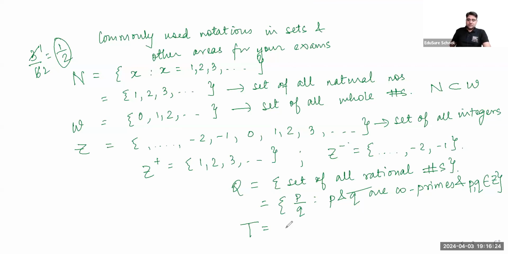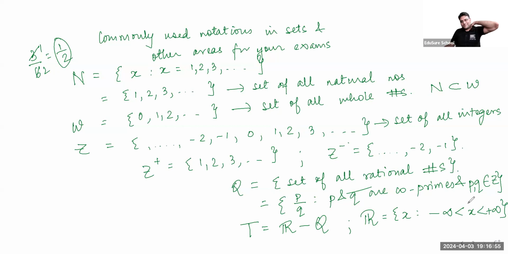It's basically the set of all real numbers minus the set of all rational numbers, where the real numbers are the set of all x such that x is lying between -infinity and +infinity. Any x lying between -infinity and +infinity is a real number.